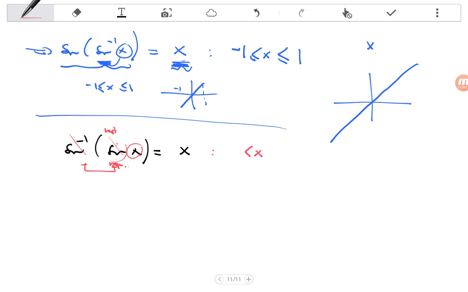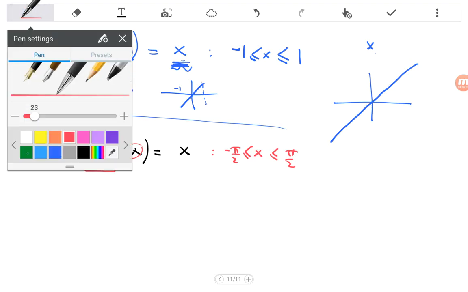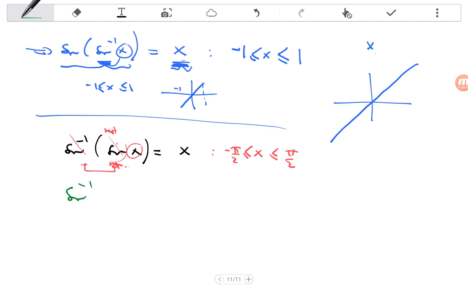What is the condition of a restricted sine? From -pi/2 to pi/2. That is the restricted domain of the sine. Okay? But if you look at this function, do I have a condition that restricts me from putting an x which is outside that domain or not?